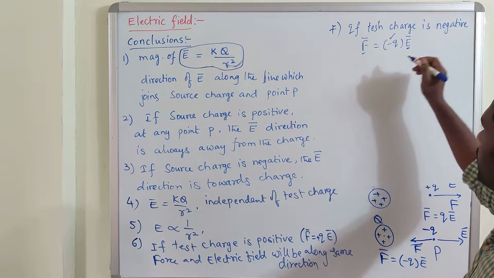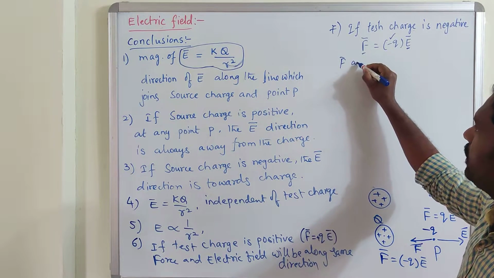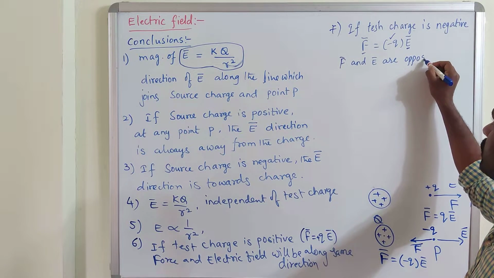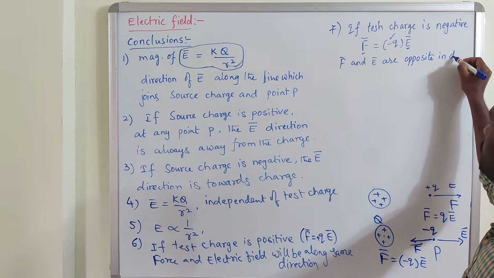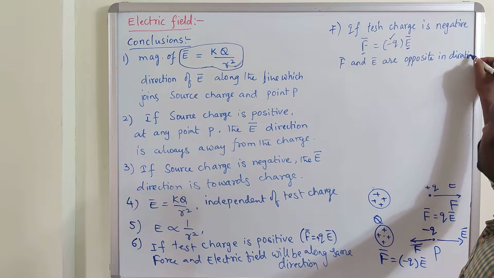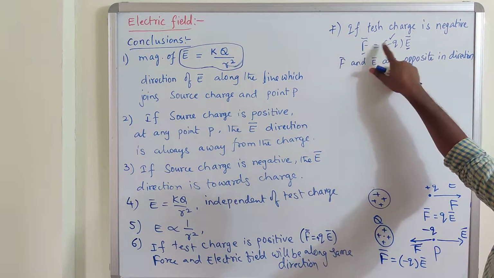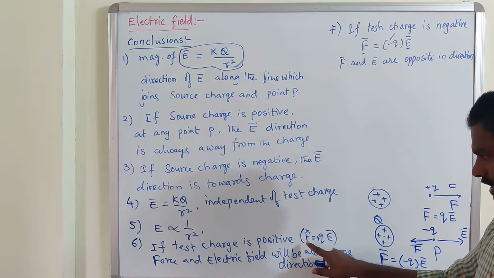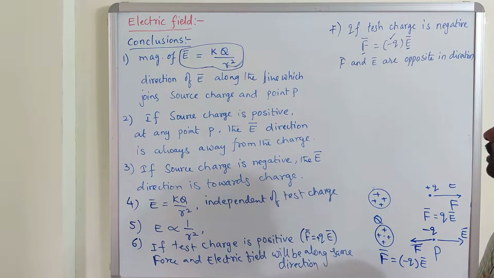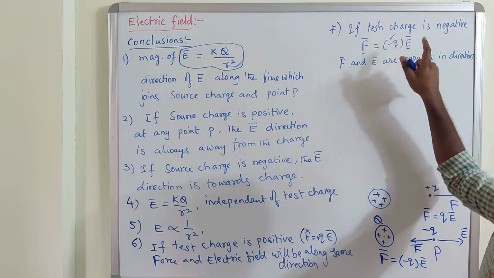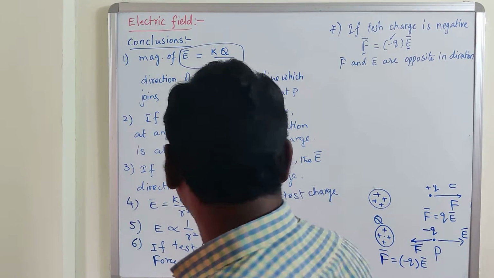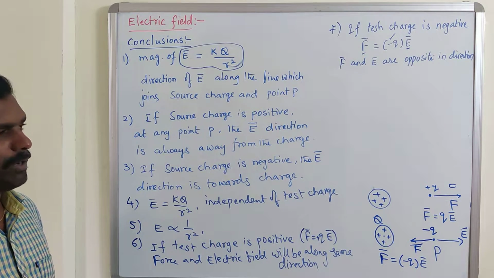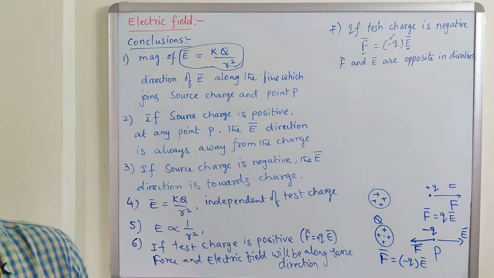If test charge is negative, force and electric field are opposite in direction. Force on negative charge is always opposite to electric field. Force on positive charge is always in the direction of electric field. Force on negative charge is always opposite to direction of electric field. Okay, these are the conclusions of electric field due to a point charge.